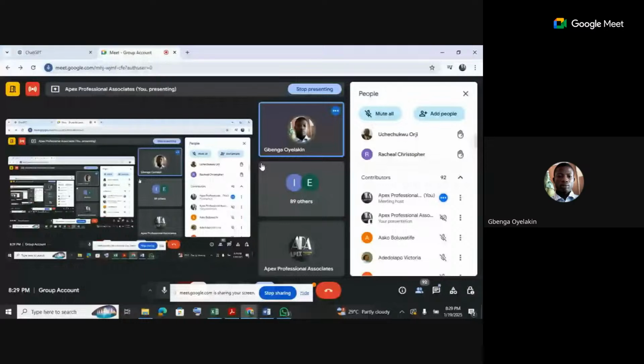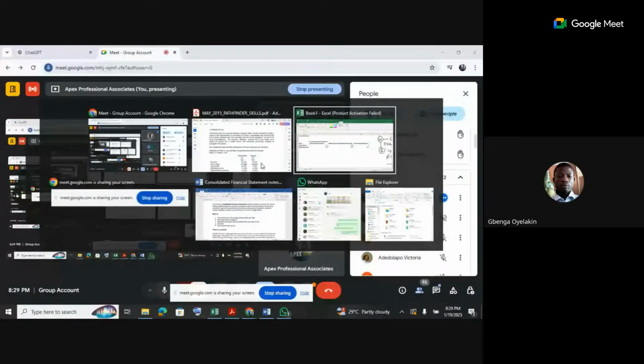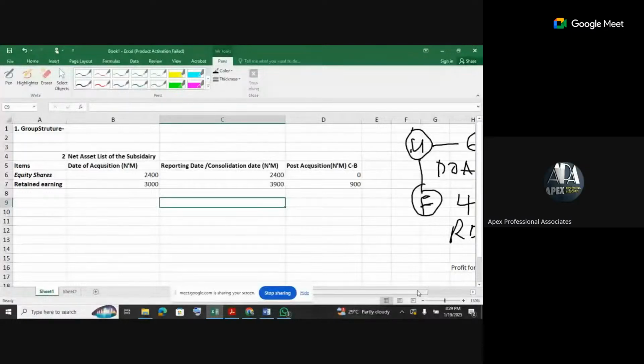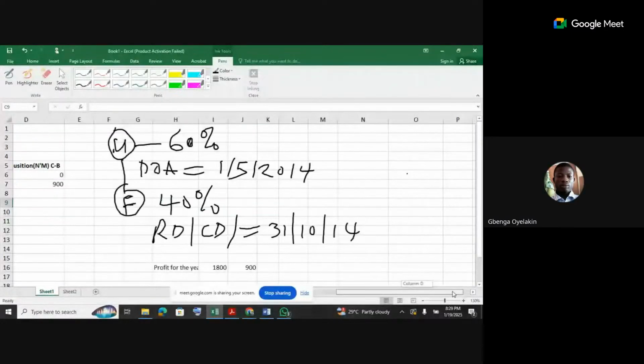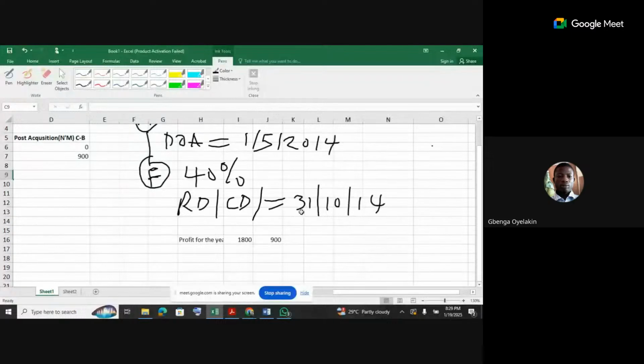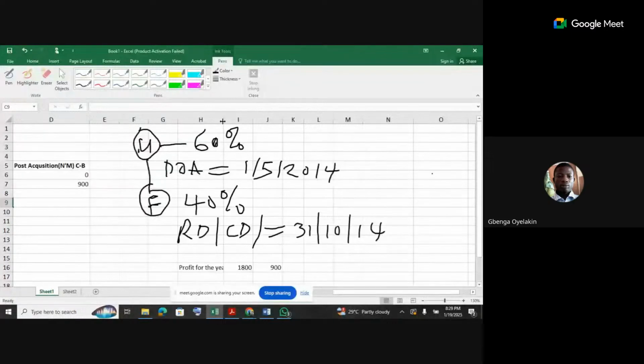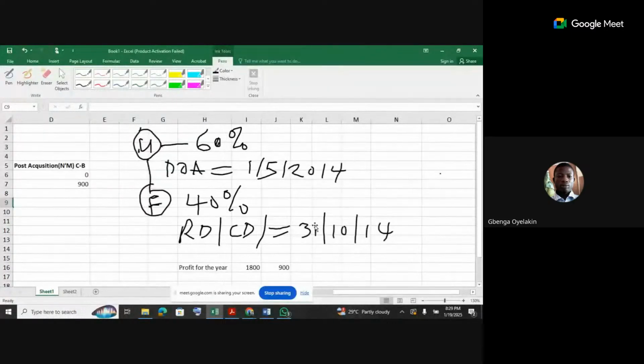And you said that we should consider 2 dates, very, very important, which is the date of acquisition and the reporting date. And from the question that is being presented, the date of acquisition was 1st of May 2014, and the reporting date was 31st of October 2014.